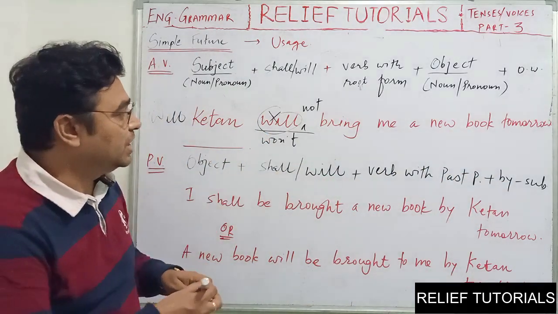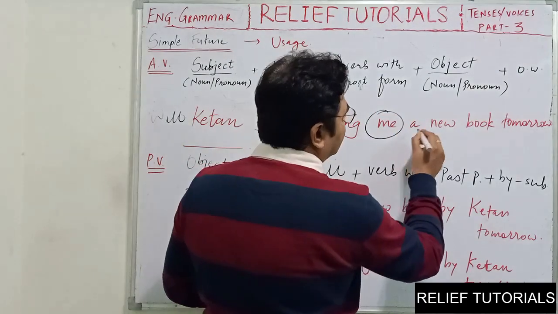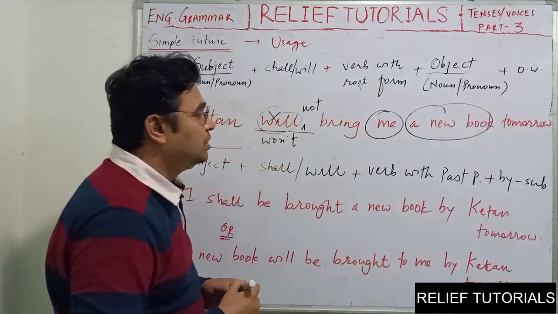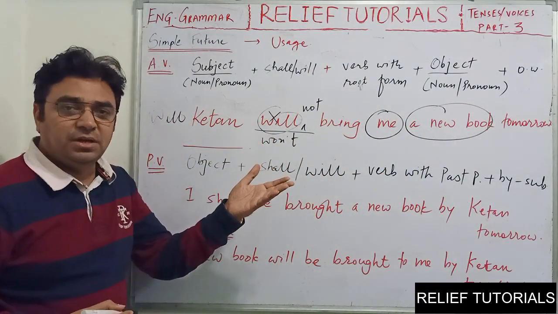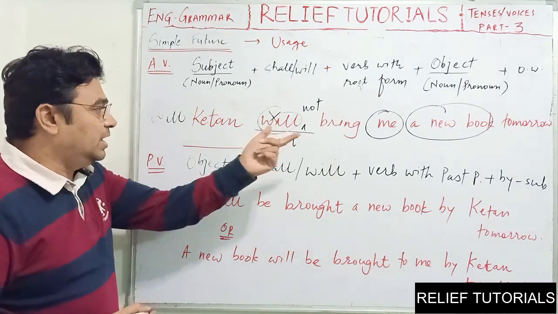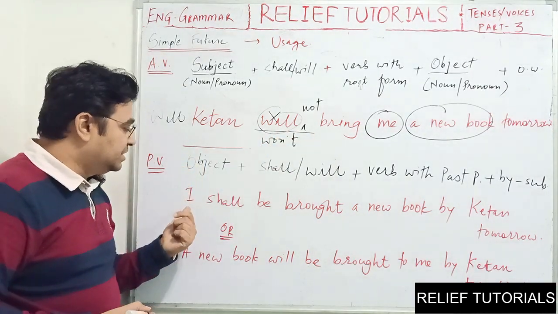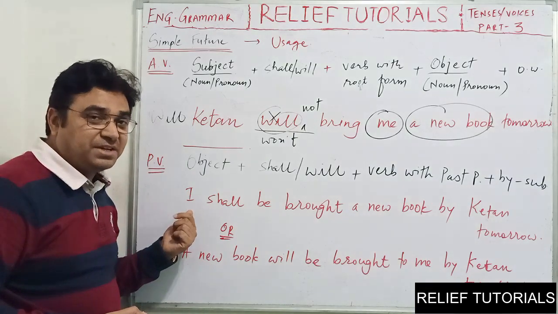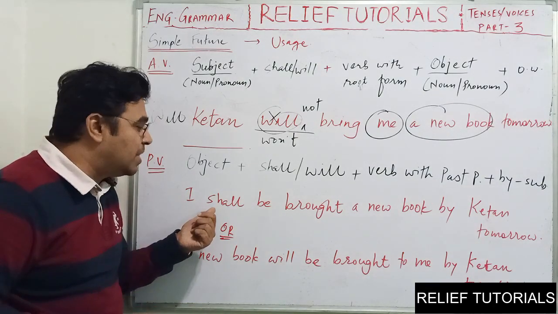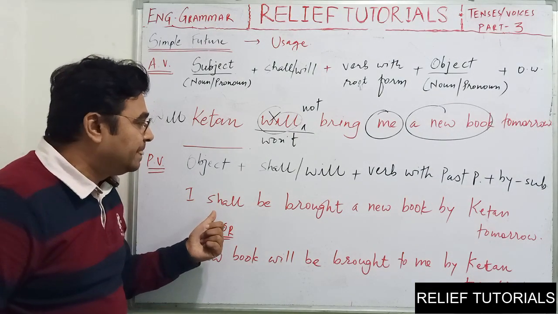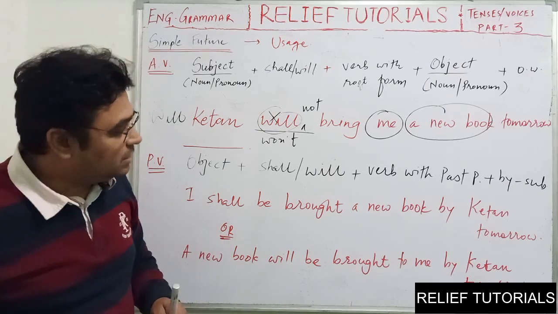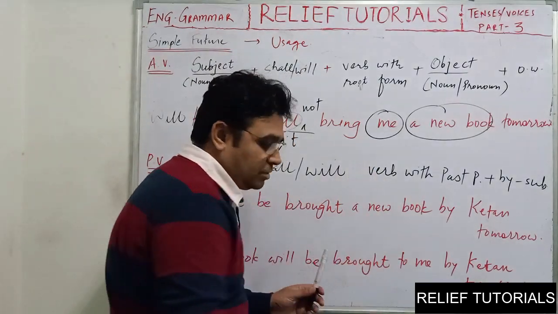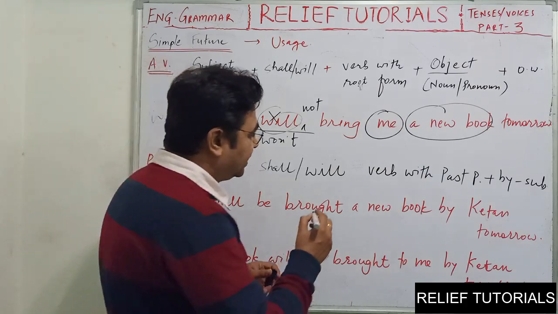Taken as again we have two objects, me and a new book. So taken me as the first object, as me comes before the verb, it turns out to be I. As it is I, it is ideally followed by shall. So I shall. Then one more word is to be added over there.